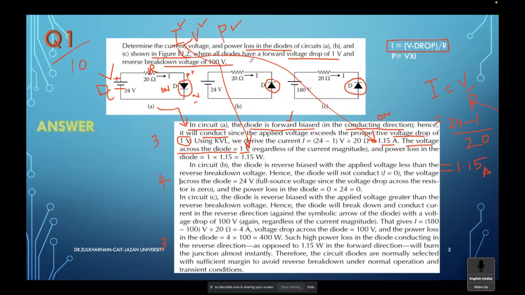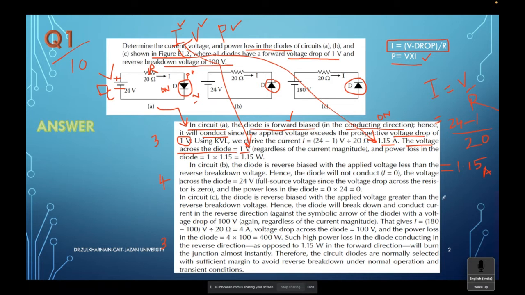In order to use the formula for power, we have P is equal to V into I. Power of the diode, or power loss as you can say here, is always based on this formula. The formula will be given in the exam. So P is equal to V into I. So what is the V? You have already said that voltage is equal to 1.